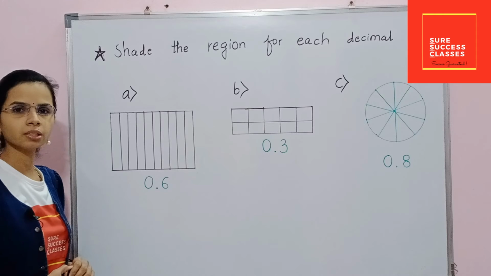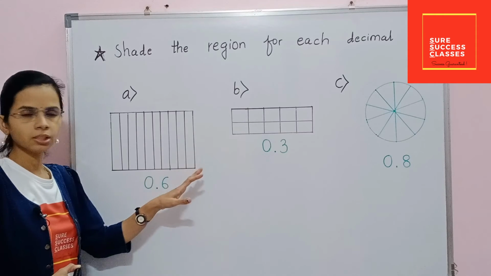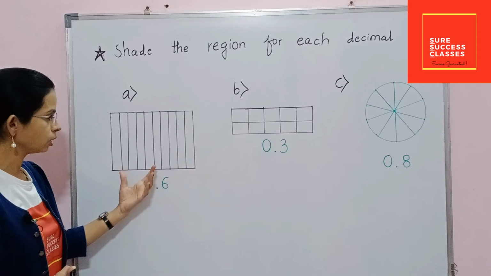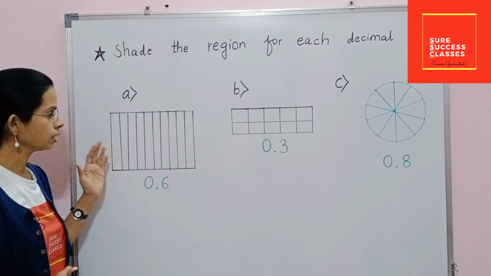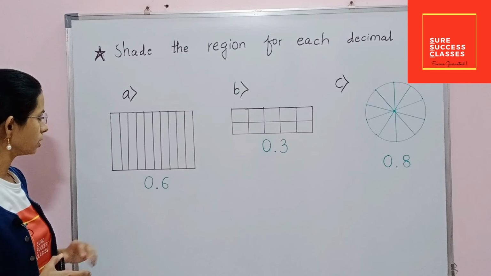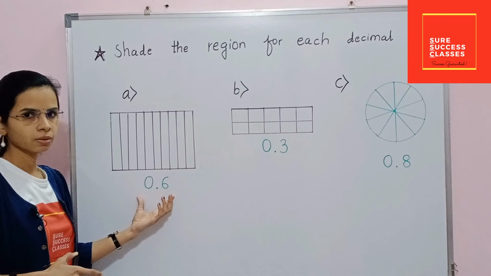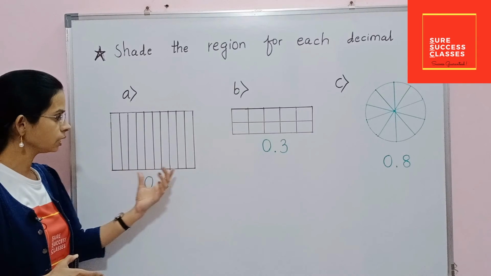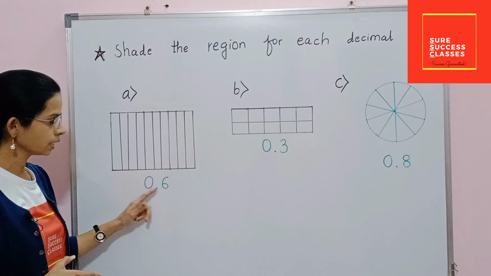Question is, shade the region for each decimal. In each figure, below that figure the decimal is given, and we have to shade that figure equivalent to the given decimal. In the first, the decimal is 0.6. Means here from these 10 equal parts we have to shade 6 parts.